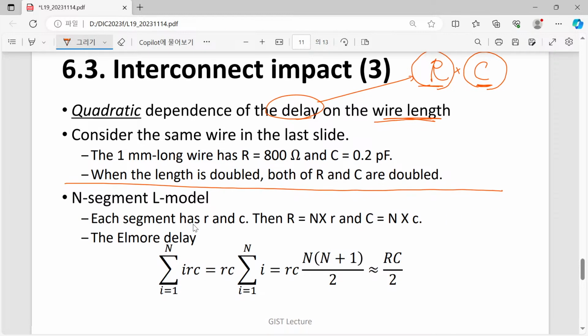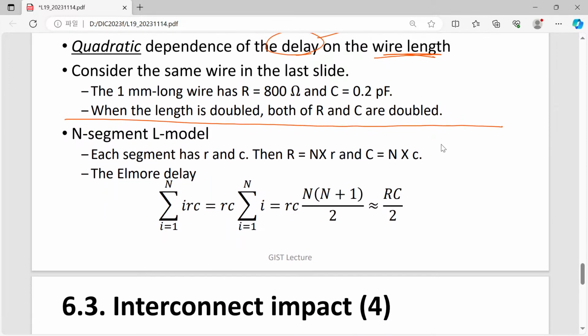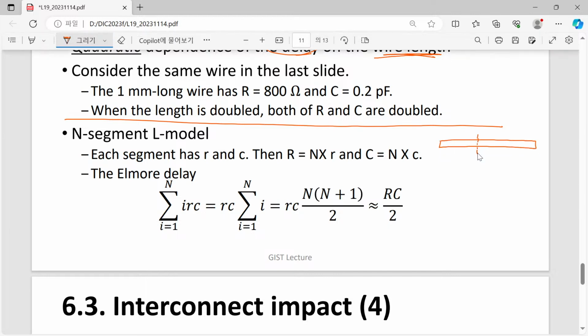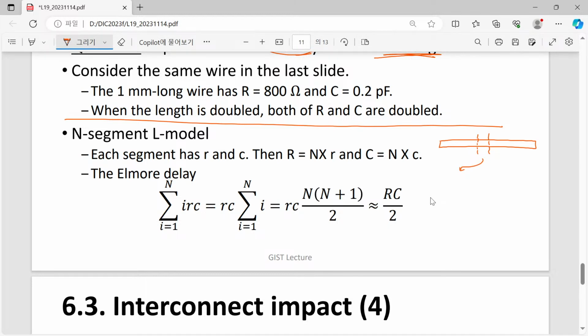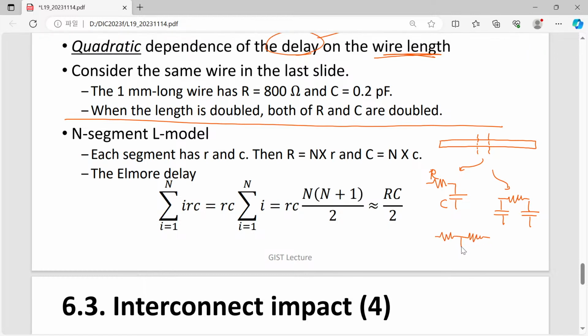We have many different ways to consider this distributed R and C. For example, if we have a long line, then we can consider a short segment, and it can sometimes be modeled this way, R, C, and sometimes it can also be modeled as R, C, or sometimes as R and C. So there are many different ways to model this short segment.